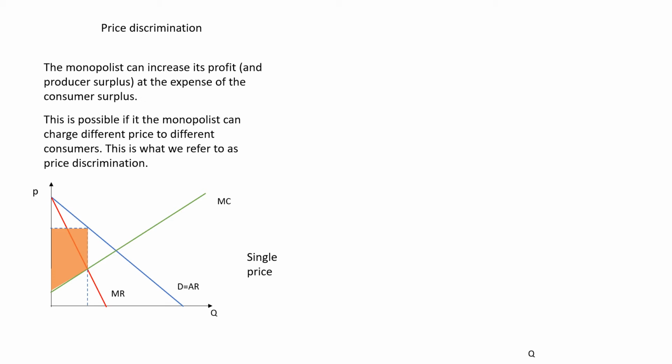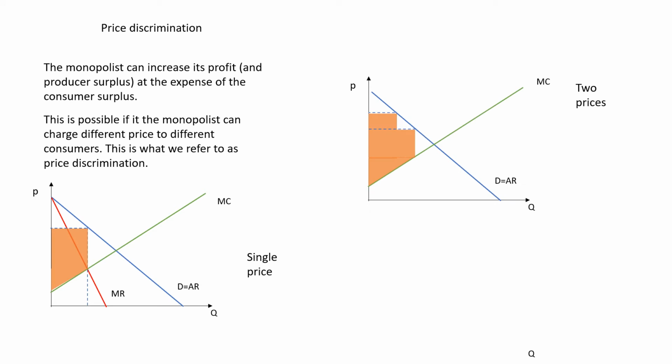One way to reduce the consumer surplus and get more profit could be if somehow it would be possible to segment the consumers into two groups. So the firm would be able to charge two different prices depending on which group the consumer belongs to.